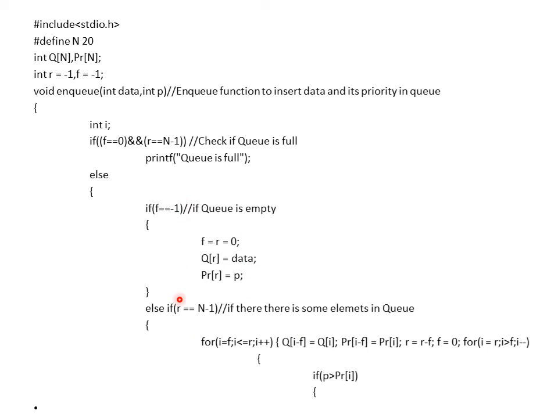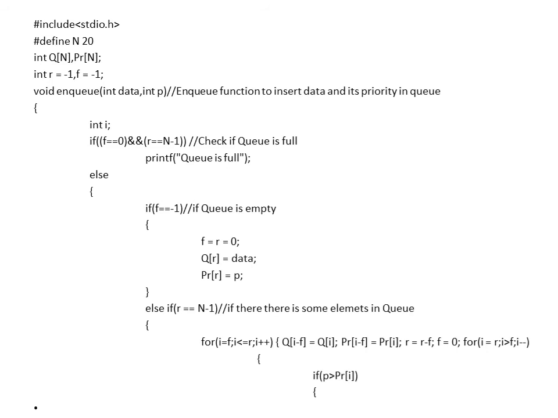Next, if this condition is false, then what will I do? I will compare with the rear end, that is n minus 1. If it is true, I am going for a loop. I am initializing i equals f, i is less than r, and i plus plus, q of i minus f equals q of i. For priority, priority of i minus 1 equals priority of i.